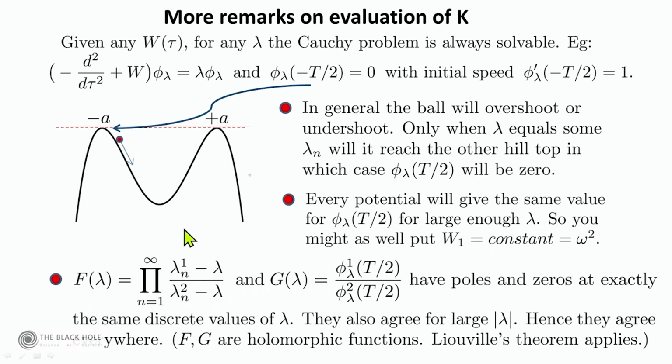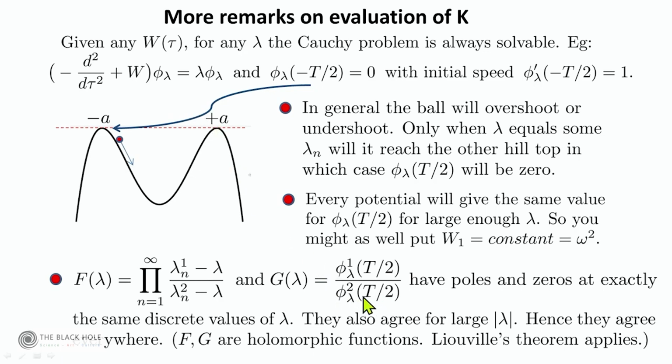Now, if you look at this thing, which I just discussed, and you look at this thing, which is the value of the function phi lambda on the other side at t over 2, you see that when lambda is equal to lambda n, then it will have reached the top over here.